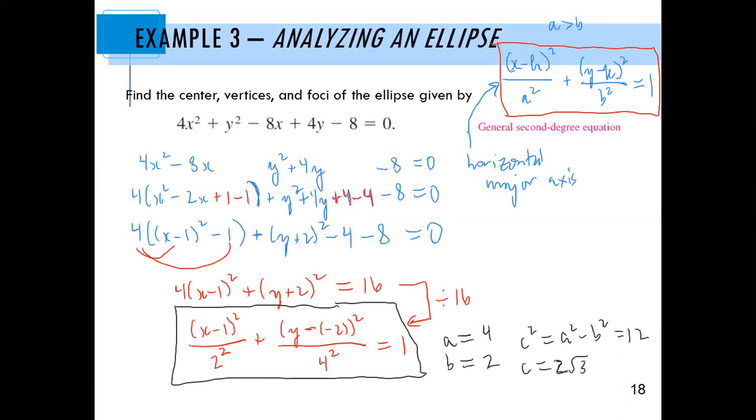Now remember, 4 is the distance from the center to the vertex on the major axis, yes? That's what 4 is. What about C? Well, no, A is always the bigger of the two.